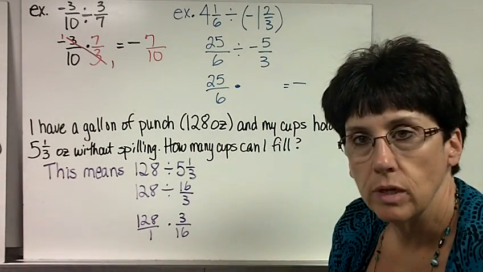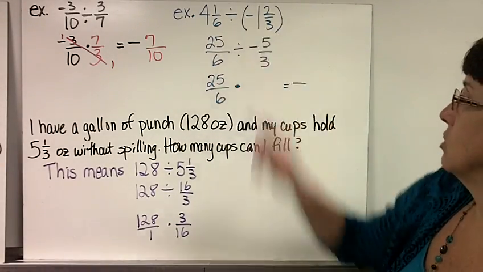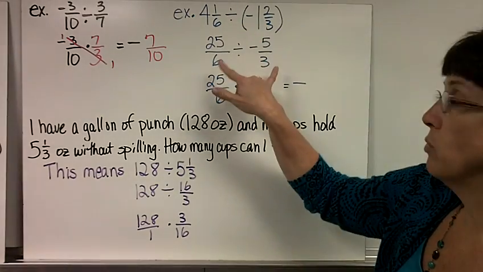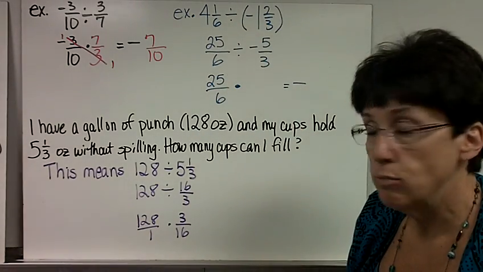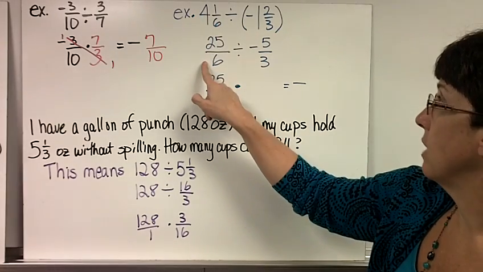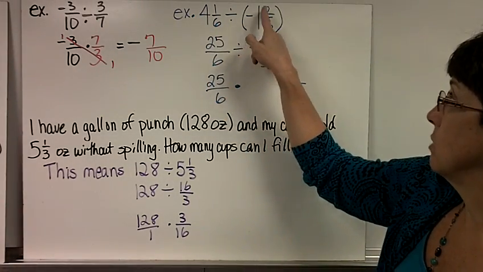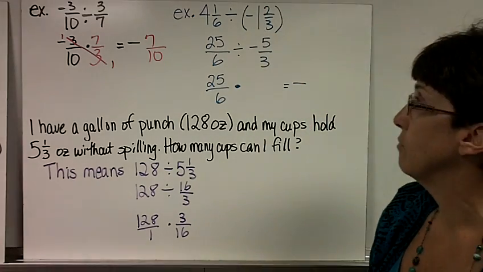Let's say I have two mixed numbers. 4 and 1/6 divided by -1 and 2/3. I'm going to rewrite both of them as improper fractions. 6 times 4 is 24 plus 1 is 25/6. Still divided by 3 times 1 is 3 plus 2 is 5, -5/3.